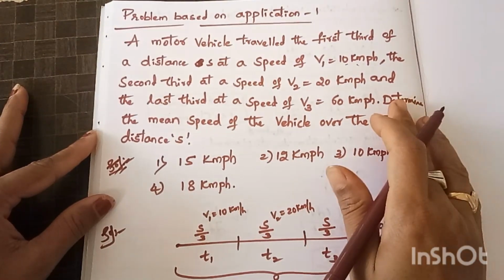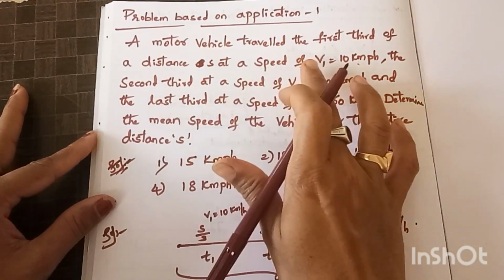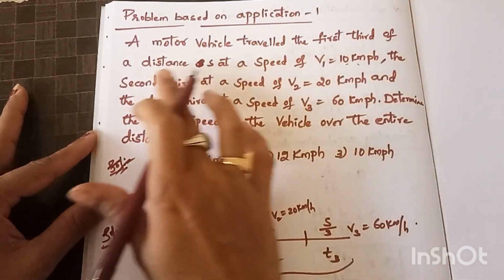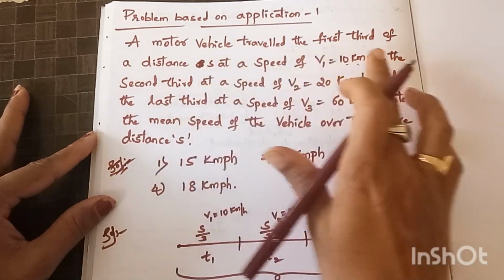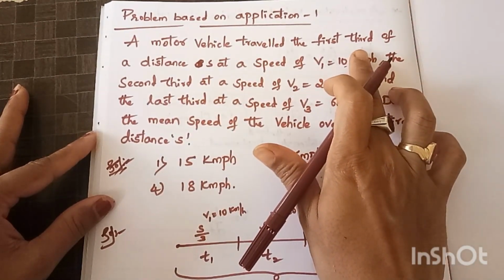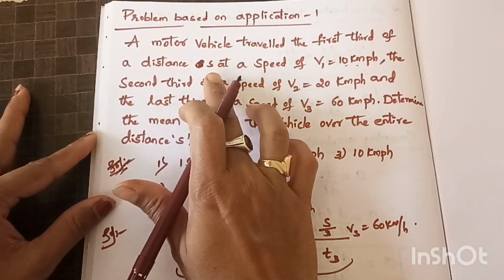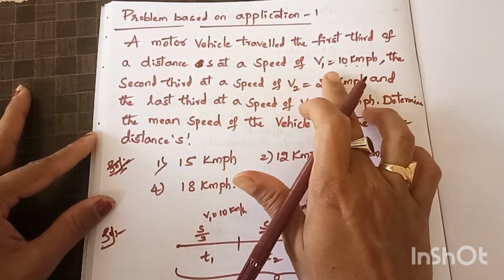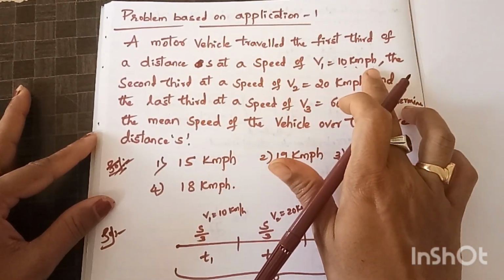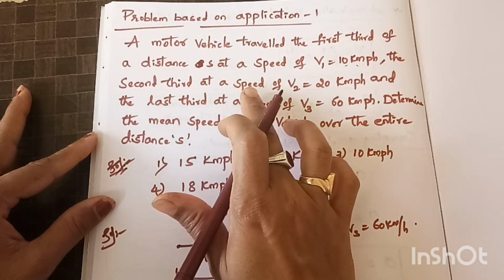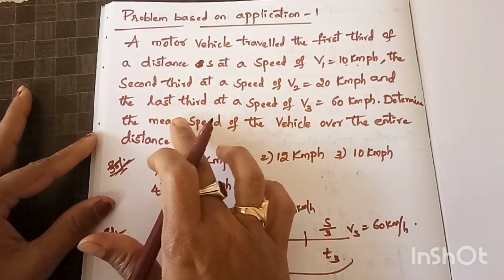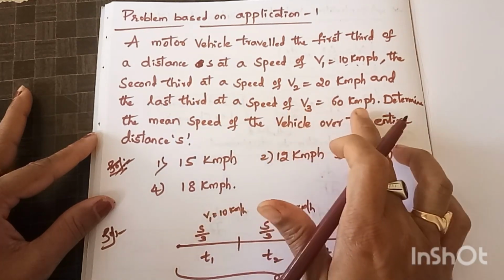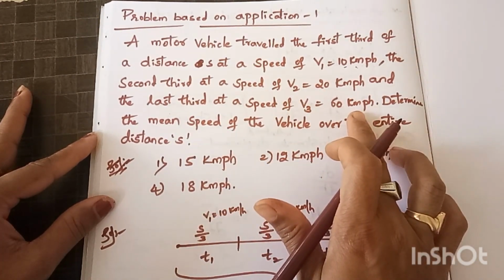So what they have given: a motor vehicle traveled the first third of a distance s. Here s is the total distance. The vehicle travels the first third of the distance s at a speed of v1 equals 10 km per hour, the second third at a speed of v2 equals 20 km per hour, and the last third at a speed of v3 equals 60 km per hour.